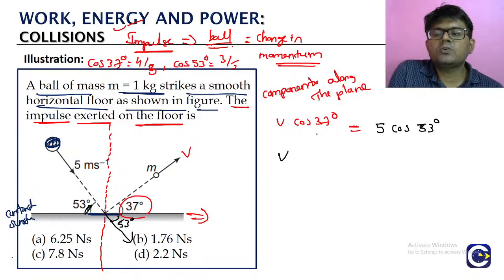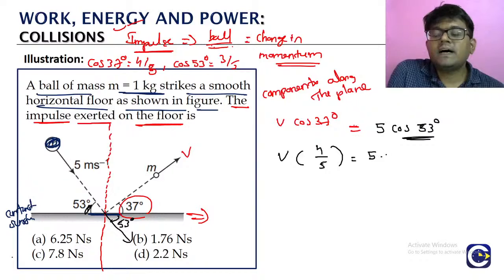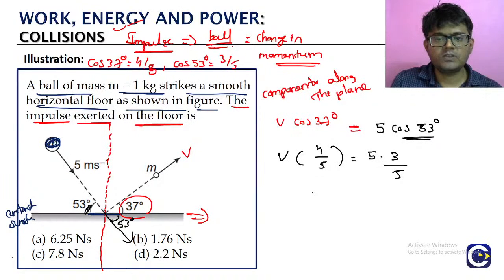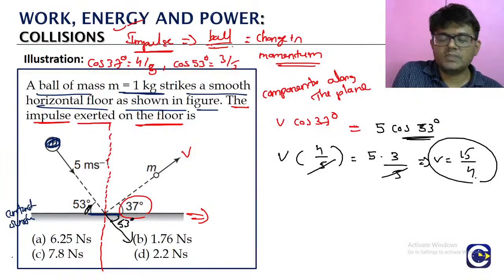So v into cos 37, that is 4 by 5, is equal to 5 into cos 53, which is 3 by 5. The 5 will get cancelled, so v is equal to 5 threes are 15 by 4. That is the v value.